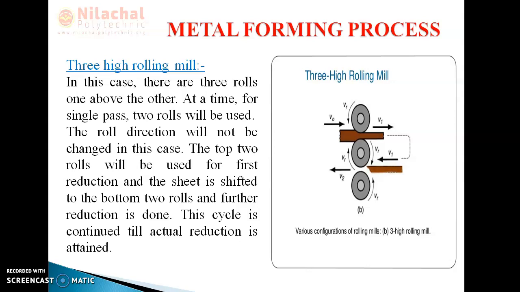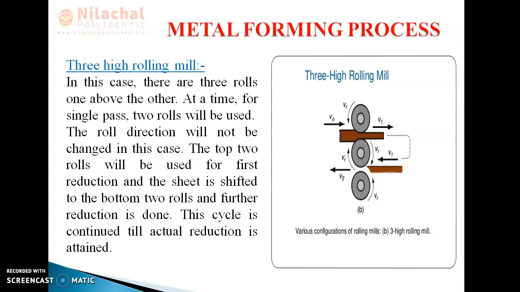If you compare the 2 roll and 3 roll mills, it is very easy. In the 2 high roll mill, we basically use 2 rolls, and in the 3 high roll mill, we use 3 rolls in a parallel plane. From a production point of view, the 3 high roll mill has a high production rate in comparison to the 2 high roll mill.